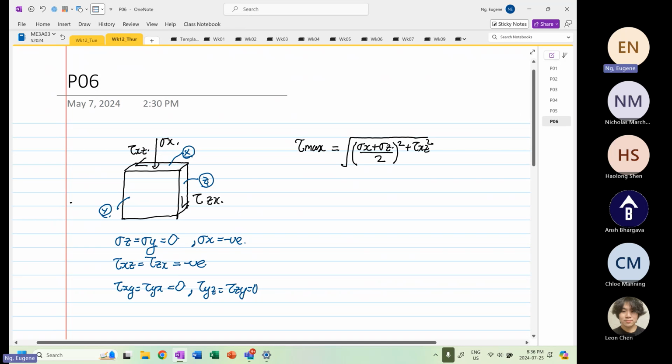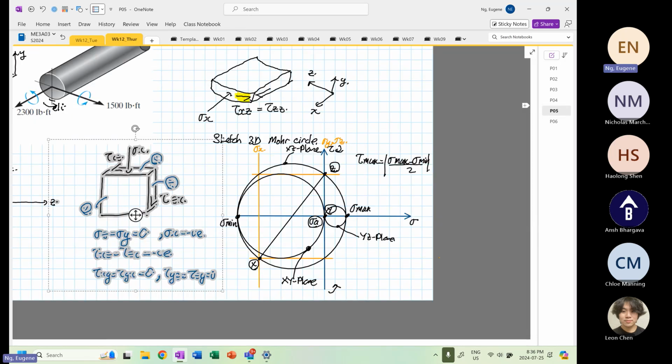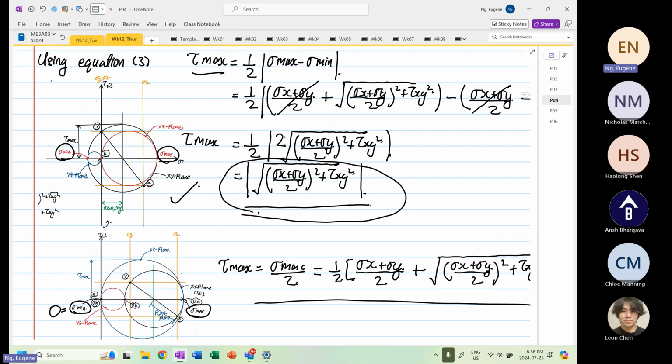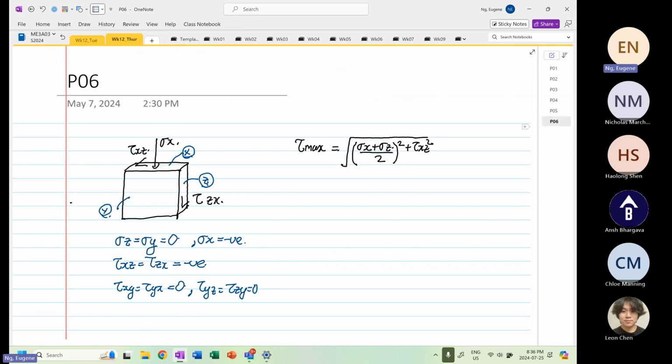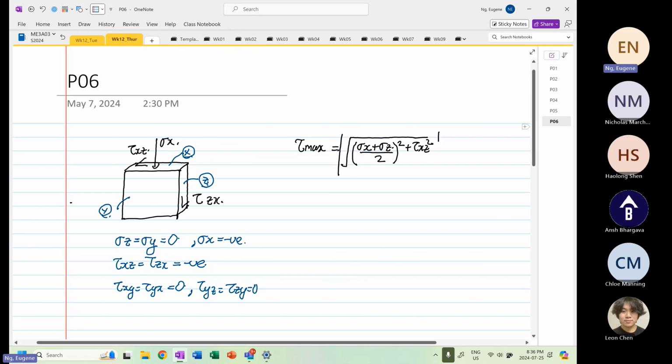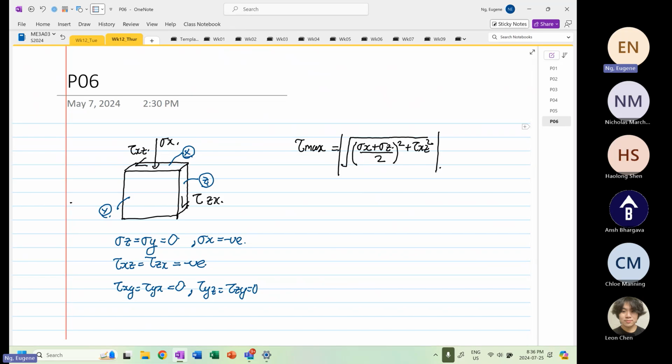Okay, and is there anything that's missing? Let me look at the formula again. The 2 has been cancelled out. Okay, we are good to go. So this is the formula that we will use, and that is why we have to construct the 3D Mohr's circle.